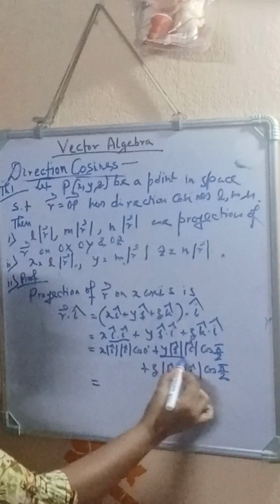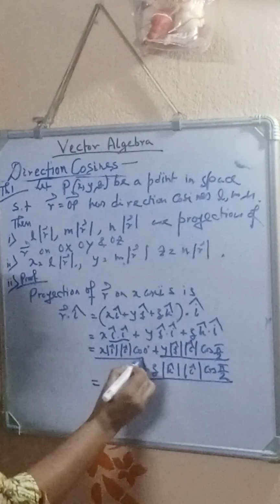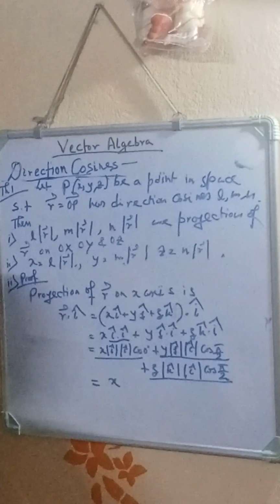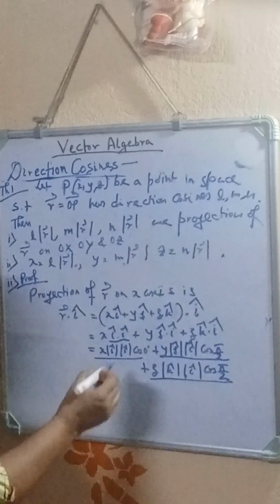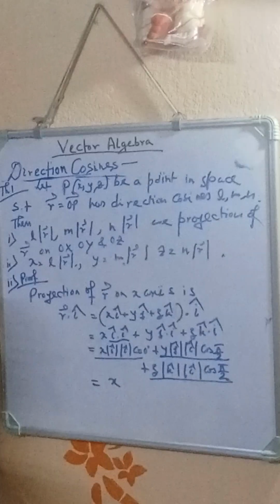Therefore, these two terms will be 0 and this term will be 1. The modulus of i cap is 1 and cos 0 is 1, therefore it is equal to x. The projection of r vector on the x axis is x.